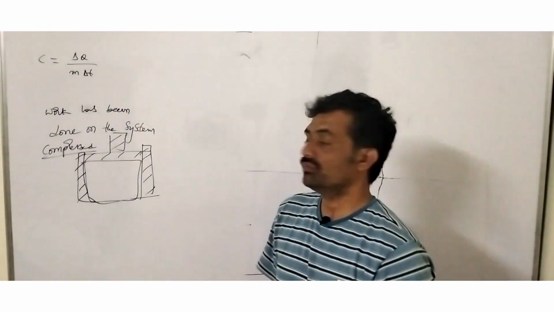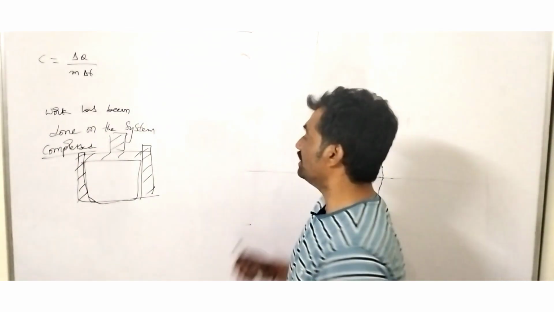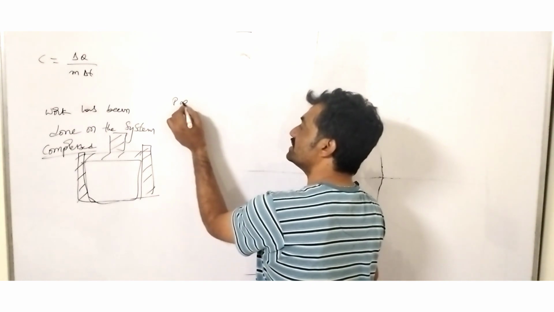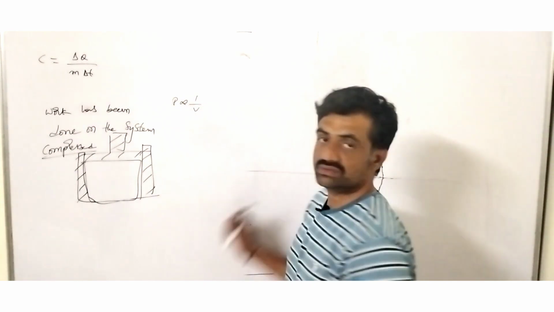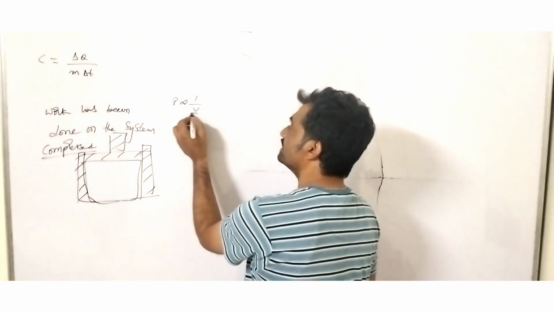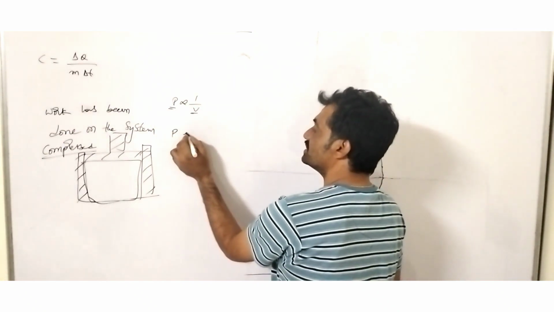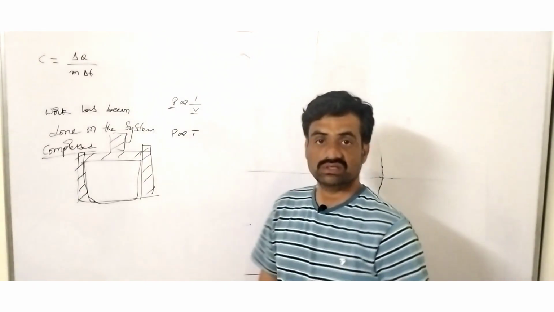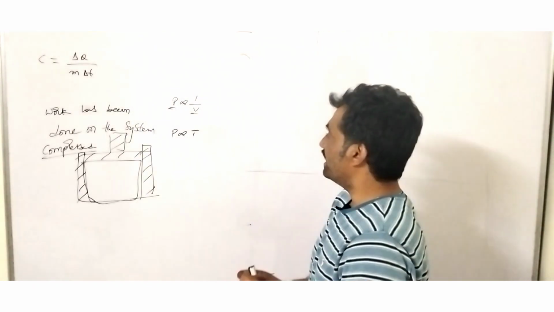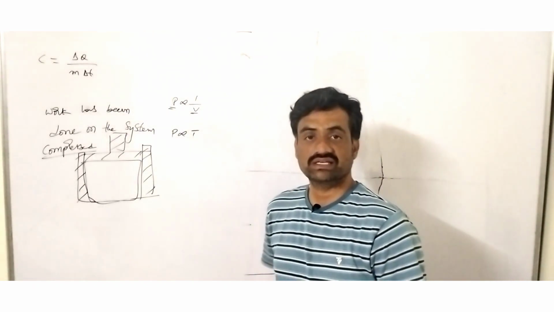Observe that volume decreases. As the volume decreases, we know that pressure is inversely proportional to volume, so pressure increases. And we know that pressure is directly proportional to temperature. Thereby, the temperature increases.